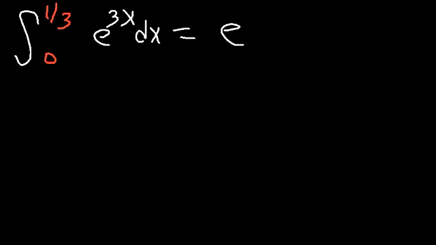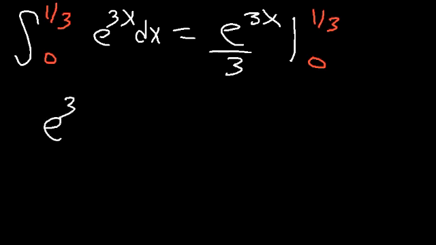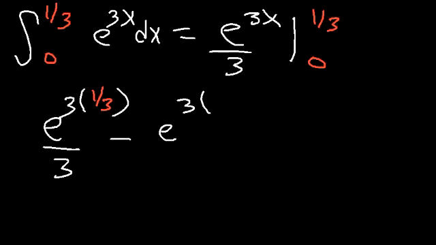So this one is going to be e to the 3x divided by 3. So now let's plug in 1/3. So e to the 3 times 1/3 divided by 3 minus e to the 3 times 0 divided by 3. 3 times 1/3 is 1.